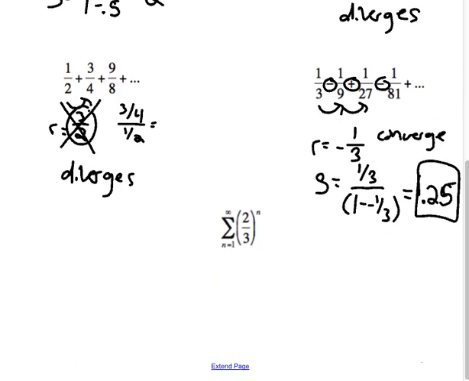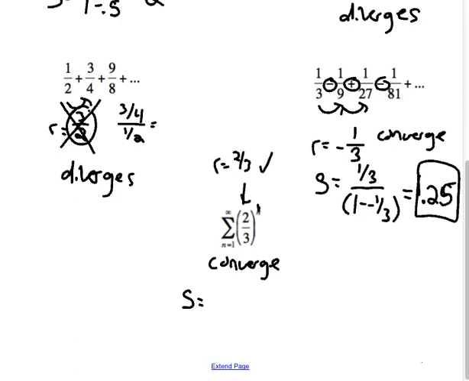And finally, our last one. So here, our rate of 2/3, that does check out. This is going to converge, okay? Remember, we're looking for rates between -1 and +1. So our sum is going to be the first term.